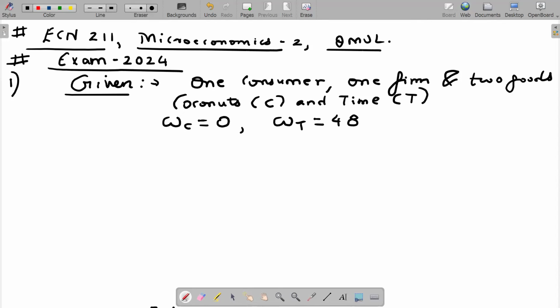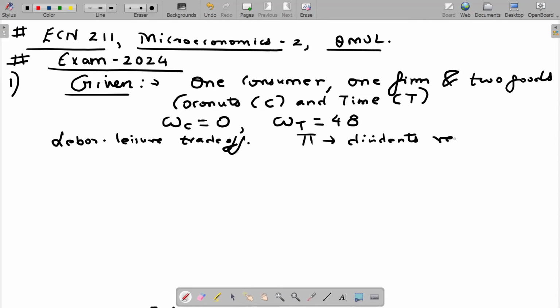And we are also given that she can use her time either for labor or for leisure. So there's a labor-leisure trade-off. We are also given that pi denotes the dividends received by the consumer as profits.